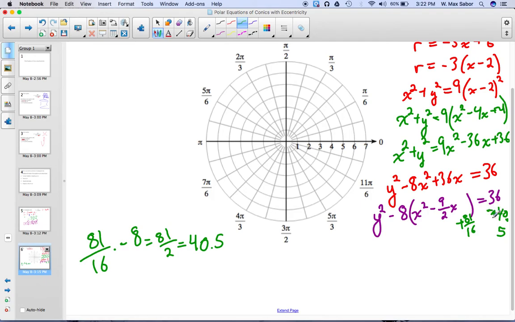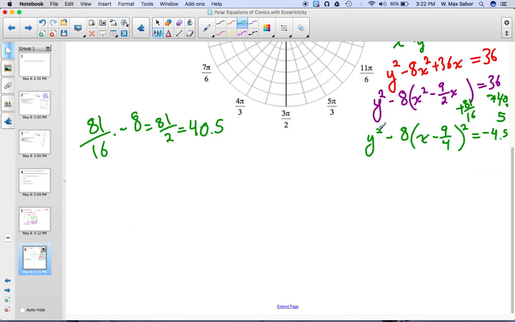Actually, minus 40.5. So y squared minus 8 times x minus 9/4 squared equals, let's see, negative 4.5.